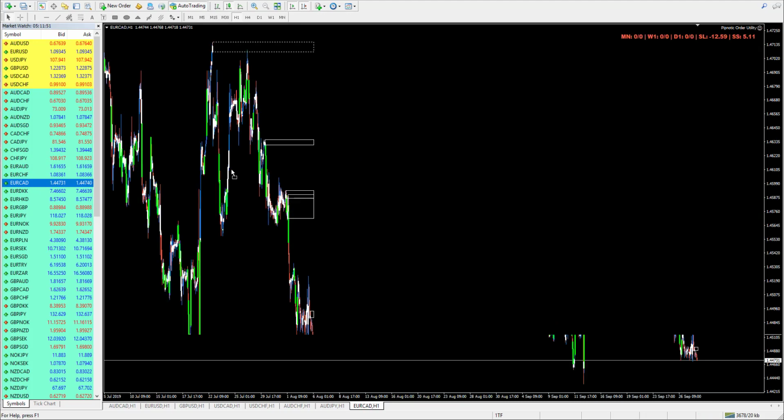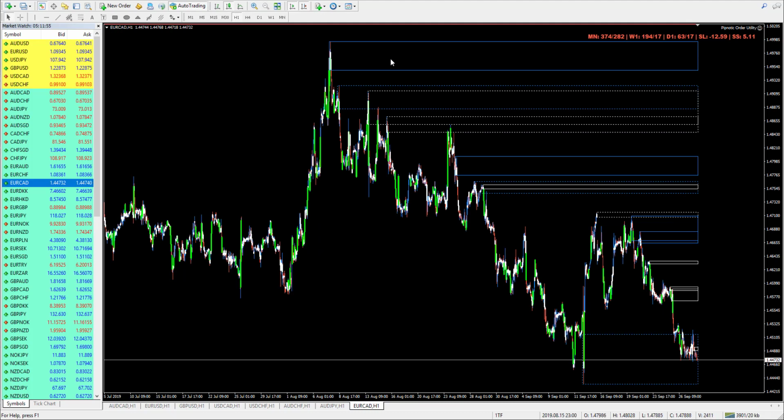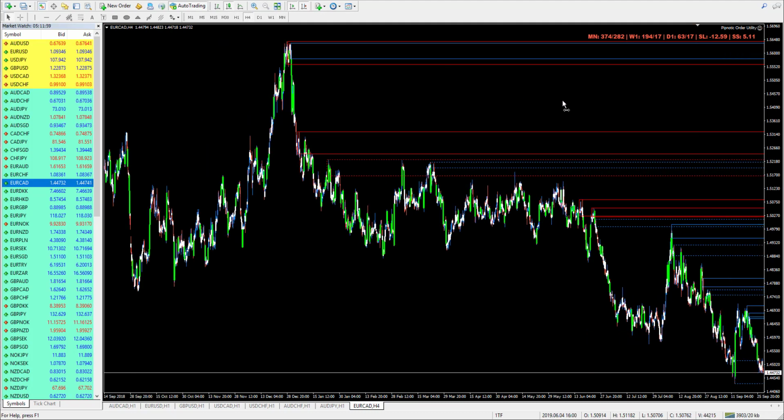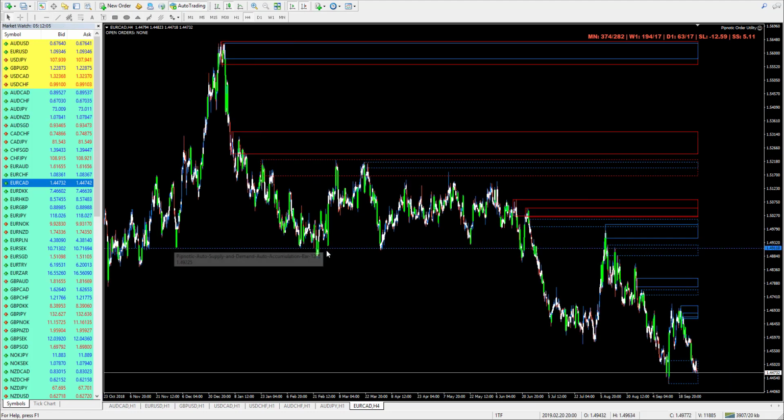Let's go to the EuroCAD. Okay, what do we have here? Zoom out. Let's go here so we can find some clear ones. Well, we had a lot of. If you look at the lows here, you can see we had a test. The area that caused that was up around here. Price moved away.